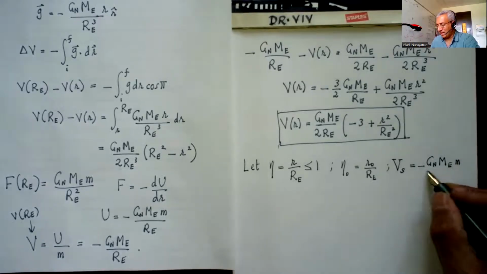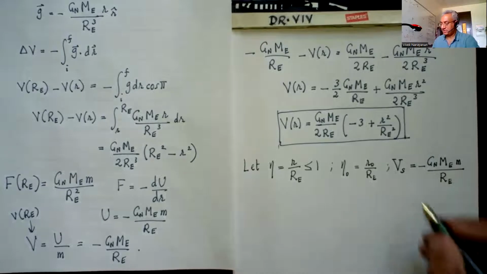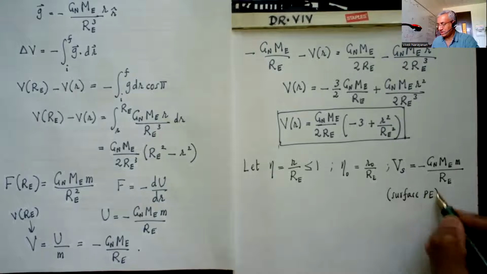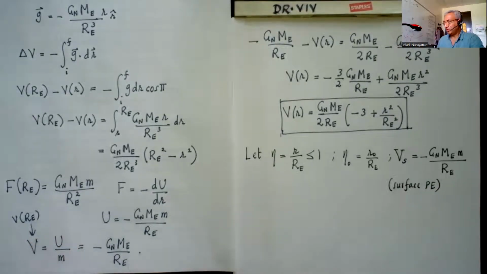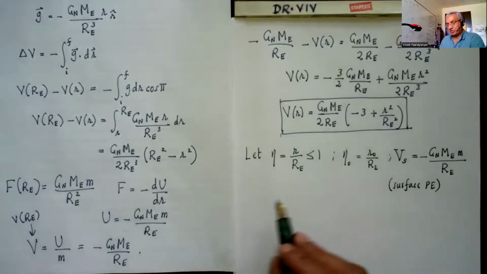This little m is tucked back in, which is the mass of the train or the rider, what have you. So that's the surface potential energy. It's not very important. You can set m equals 1 if you like. So I'm going to set the particle to start from rest.